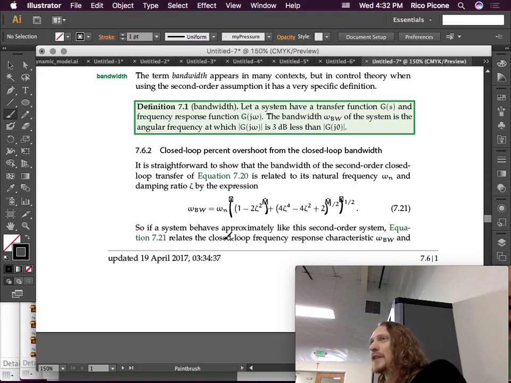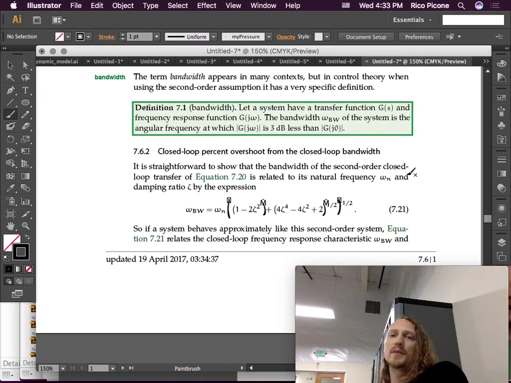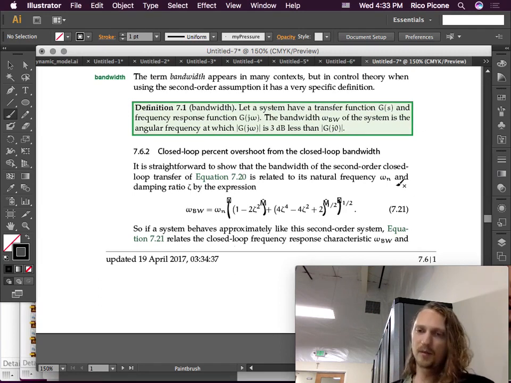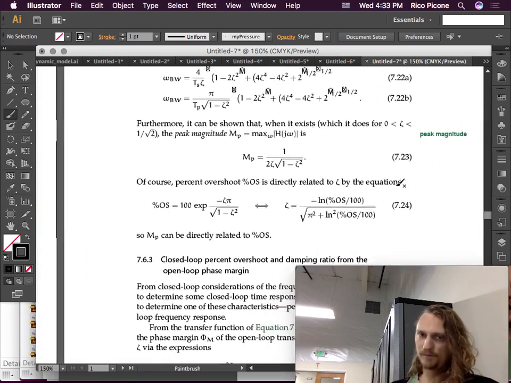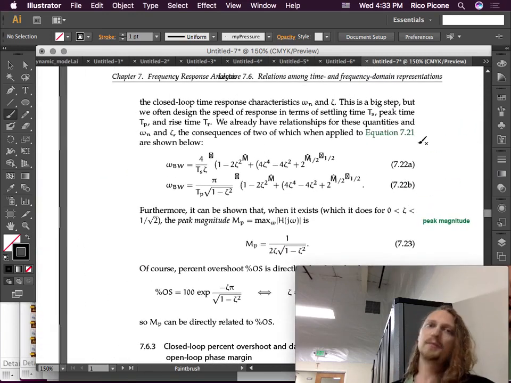So that's why we're using ζ and ω_n as a bridge here. If a system behaves approximately like this second order system, equation 7.21 relates the closed loop frequency response characteristic, ω_BW, the bandwidth, and the closed loop time response characteristics, ω_n and ζ.